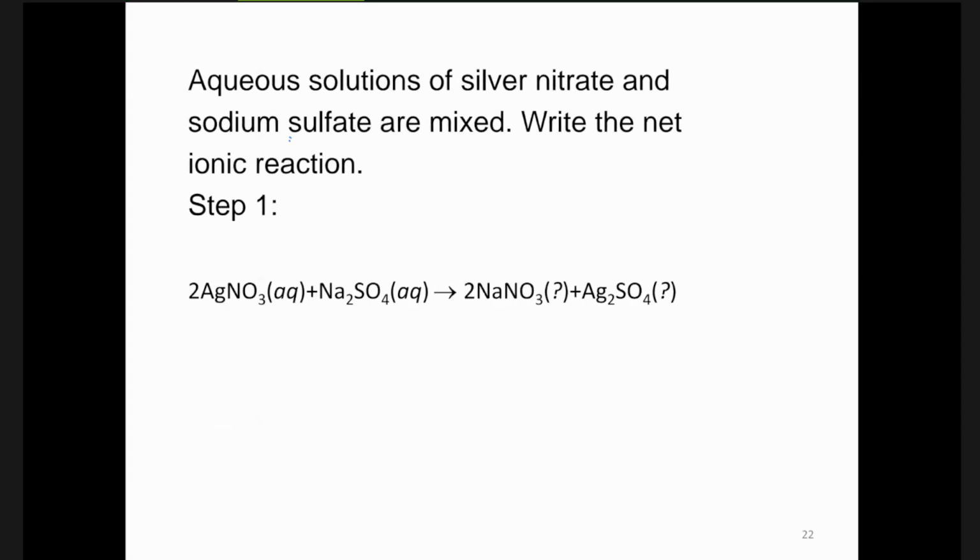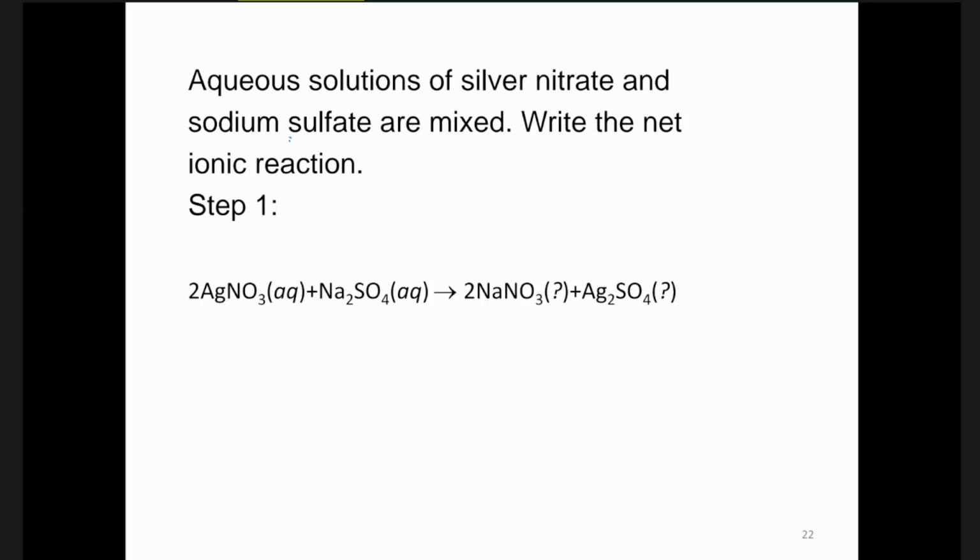So let's consider the case when you put in aqueous solution silver nitrate and sodium sulfate. Write the net ionic reaction. So first, in step 1, you put silver nitrate and sodium sulfate as molecular formulas, and then it will generate sodium nitrate, because it's an exchange between the sodium and silver cations.